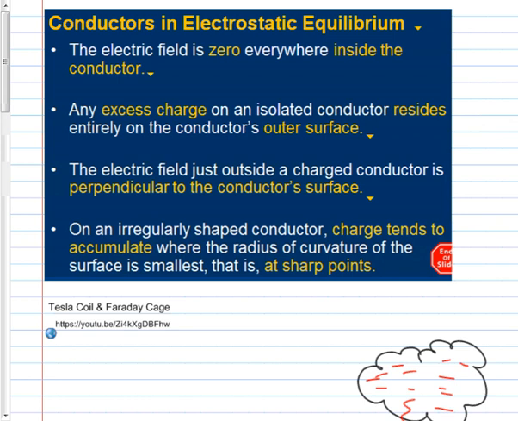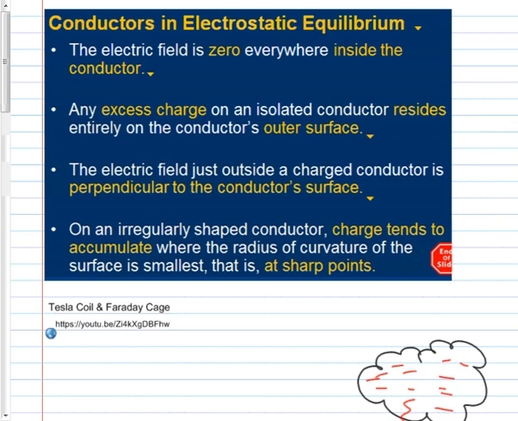So you would be safe inside a car. When you are inside a car, you're inside a metal shell, a type of Faraday cage. If there is a lightning storm around, you're still just fine, because those excess charges are going to be residing on the outside of that metal car frame.